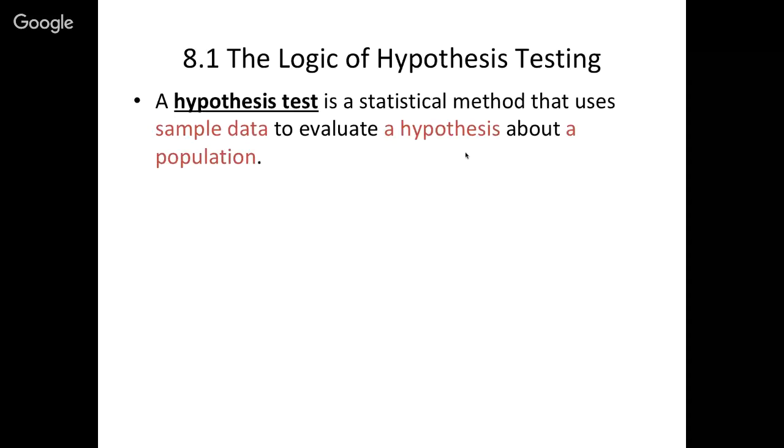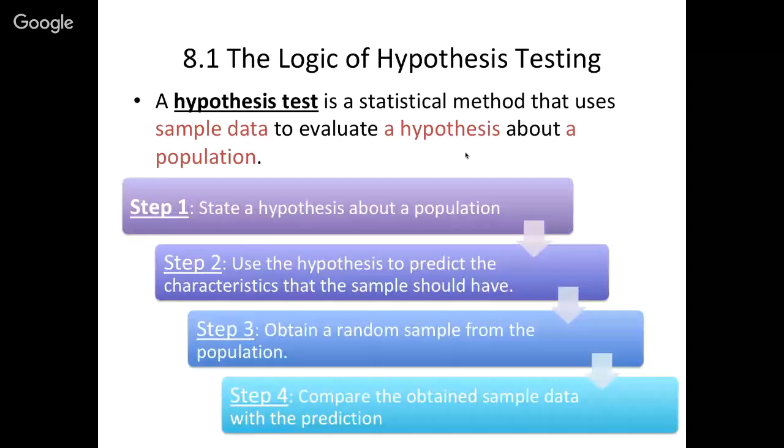We have 4 steps for hypothesis testing. The first step is to state a hypothesis about the population, and then we make a prediction about the statistics in the specific sample. After we have the hypothesis and the prediction, we collect some data by randomly sampling some individuals from the population after treatment.